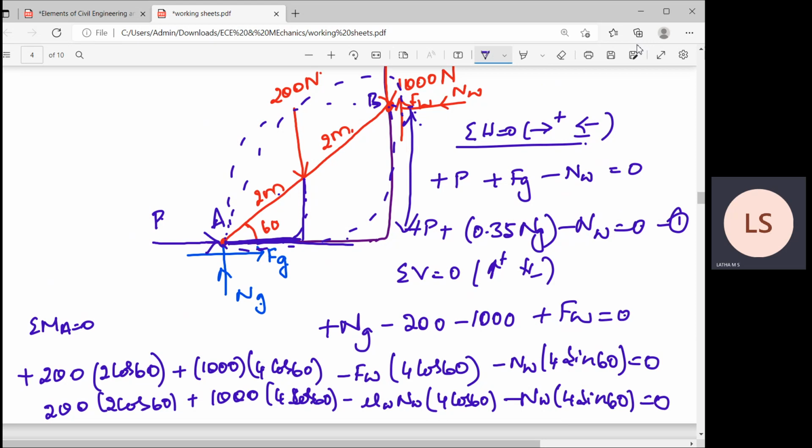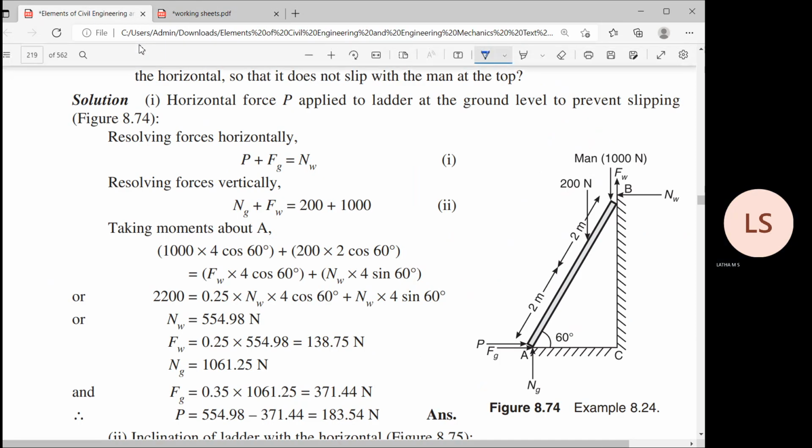So upon solving, you get the value of Nw.